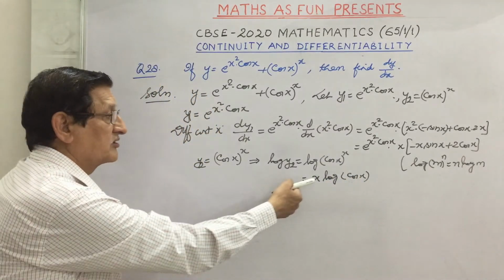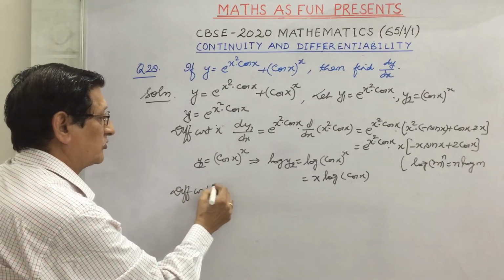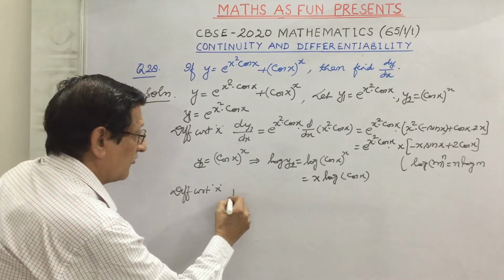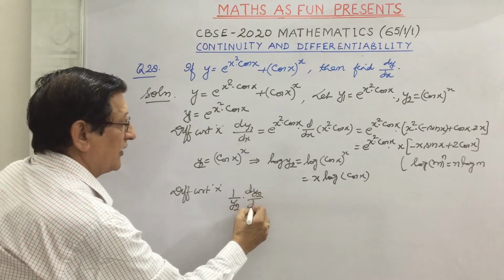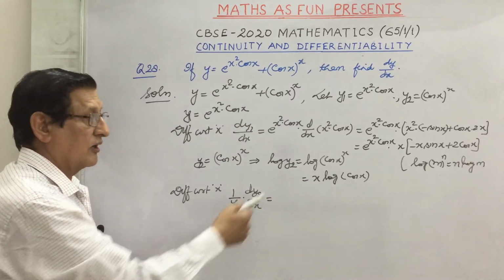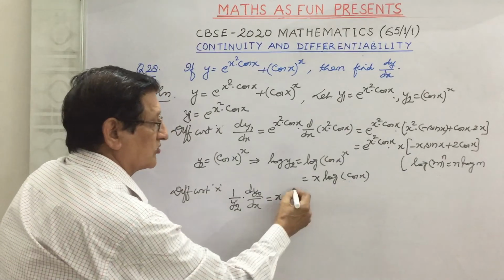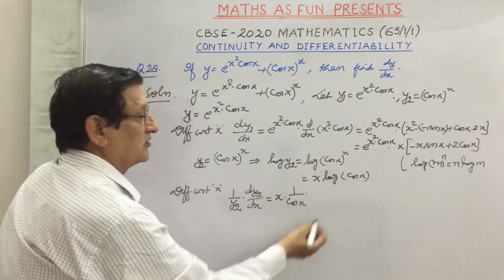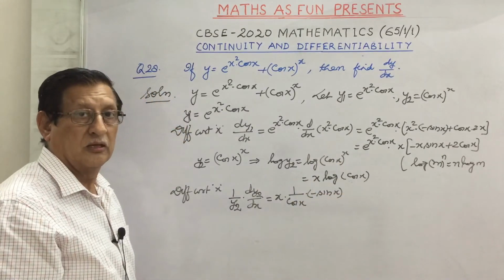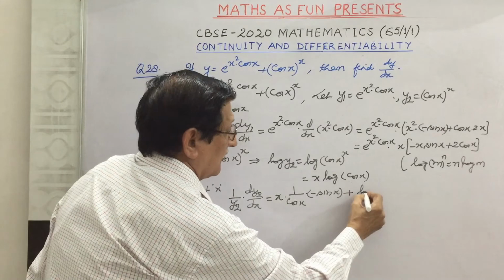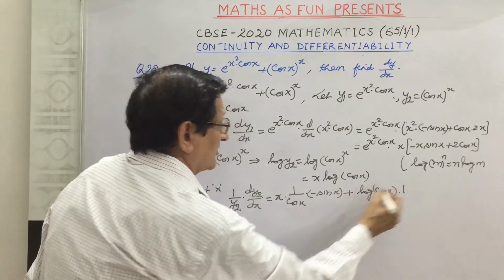And when we differentiate this now with respect to x, we will have 1 upon y2 into dy2 by dx equal to, apply the product rule, that is x into d by dx of log of cos x is 1 upon cos x into d by dx of cos x is minus sin x, plus log of cos x into d by dx of x, that is 1.